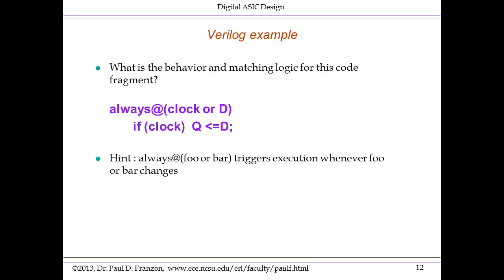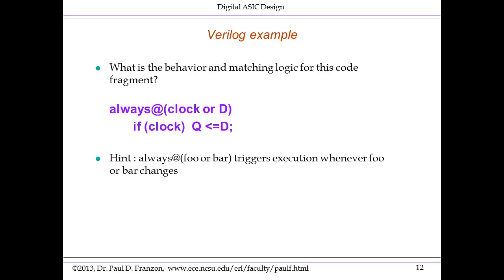So the piece of logic being described here may or may not change whenever clock or D changes in either direction, up or down. And when that changes, what actually happens is the behavior: if clock is high, Q becomes equal to D, with the implicit behavior of if clock is low, Q will stay the same.